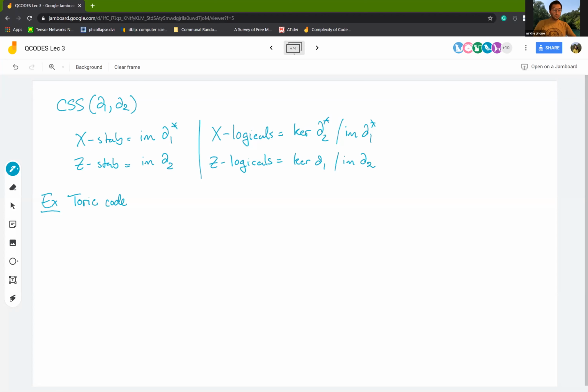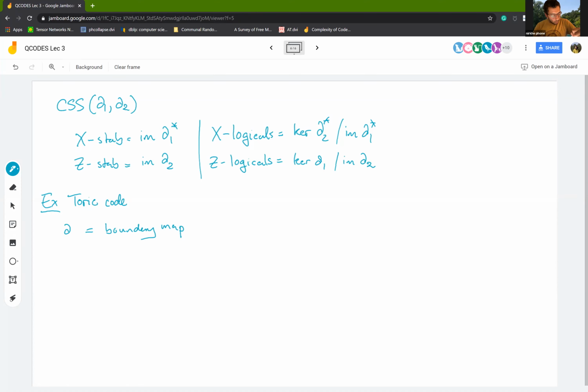Okay, so let's do an example of the toric code, and then this should be a little clearer. We're going to think of delta as the boundary map on the toric code. This is actually why we're using this delta notation: if you look at this from a topological standpoint, we can think of this as a boundary map.